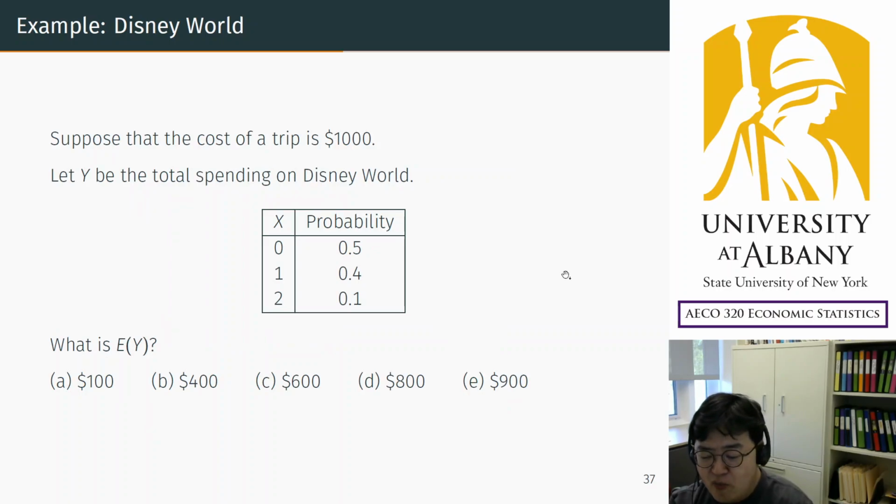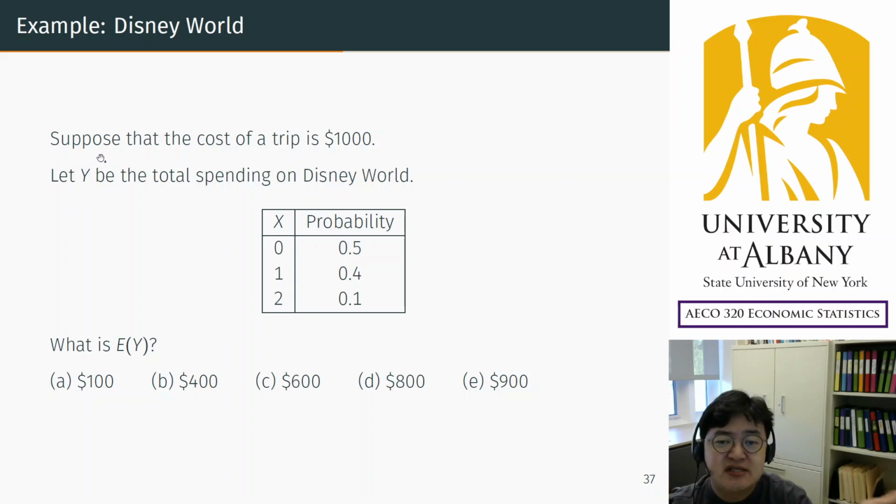Now, what matters more is not just the number of trips, but the budget, right? To simplify the problem, I'm just assuming that each trip will cost me $1,000, or just say admission for our family would be $1,000. Simply assume that, and I will define another random variable y.